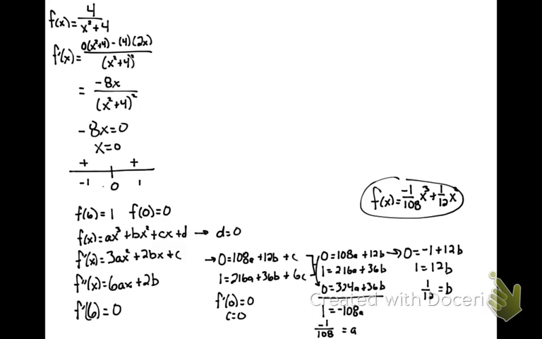So if we consider the first derivative, it will be negative 1 over 36 x squared plus 1/6 x.